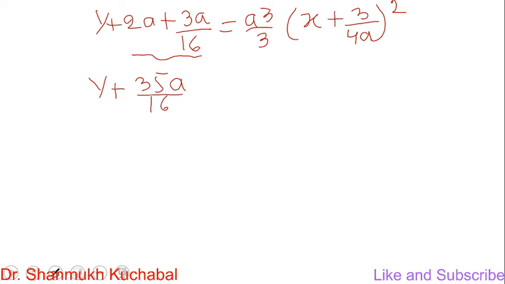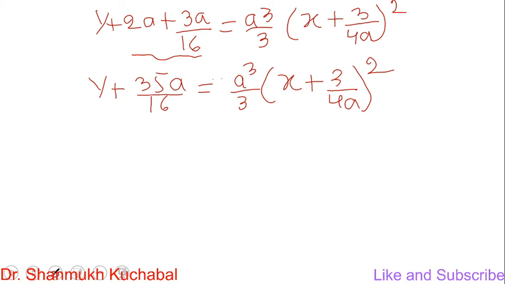So what we have done is combine the second and third terms in the LHS, and the RHS has no change: a cube divided by 3 times x plus 3 divided by 4a whole square. Further from this we have to write the vertex.